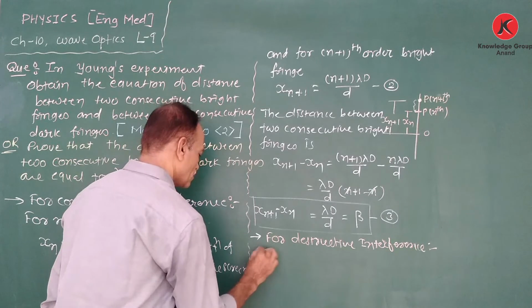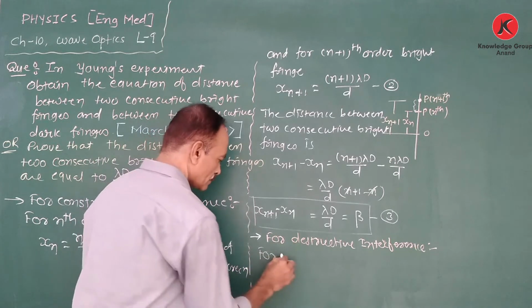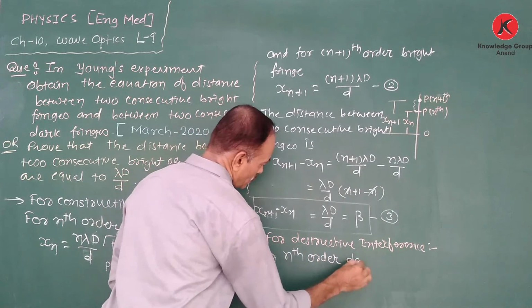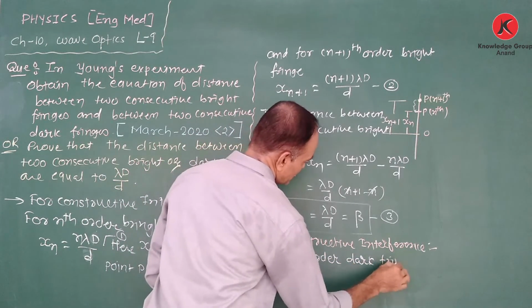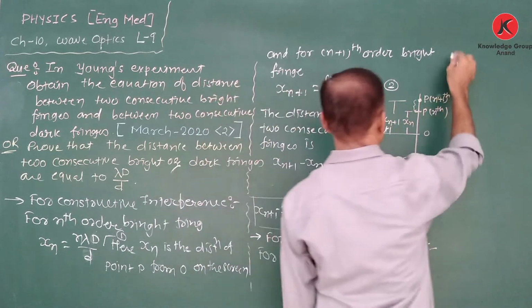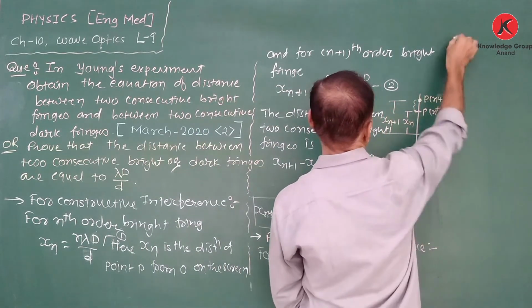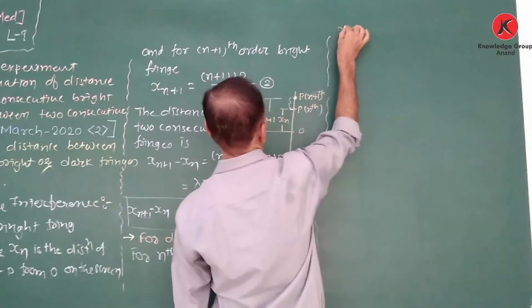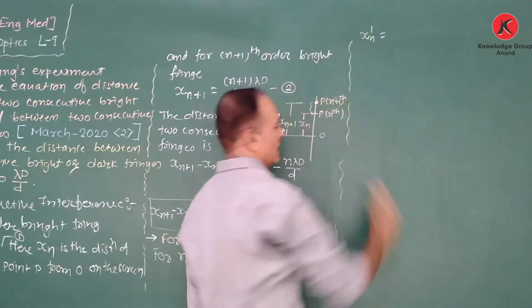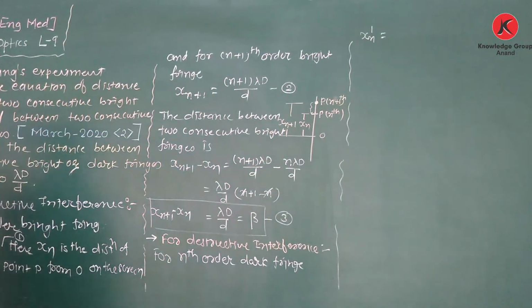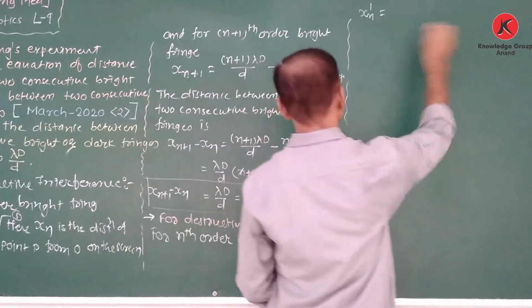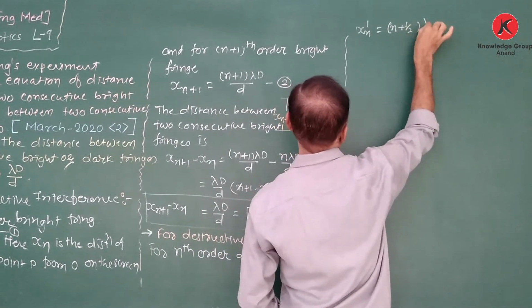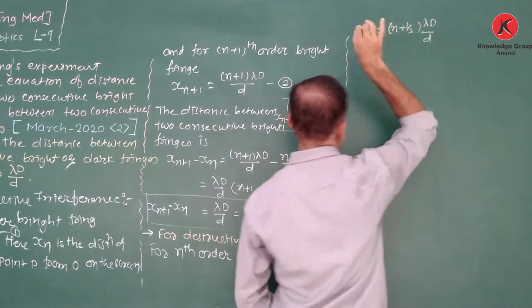Therefore, for the nth order dark fringe, that is xn dash, xn dash is equal to n plus 1 by 2 into lambda D upon d.